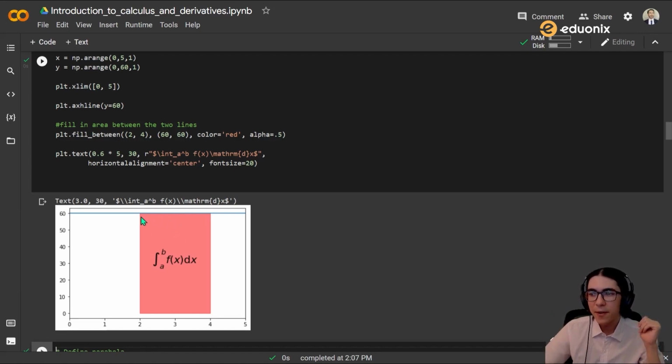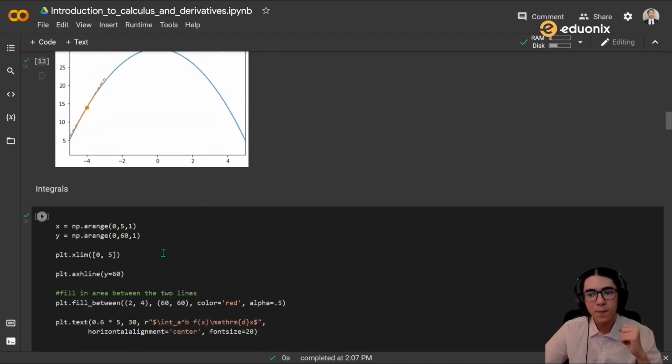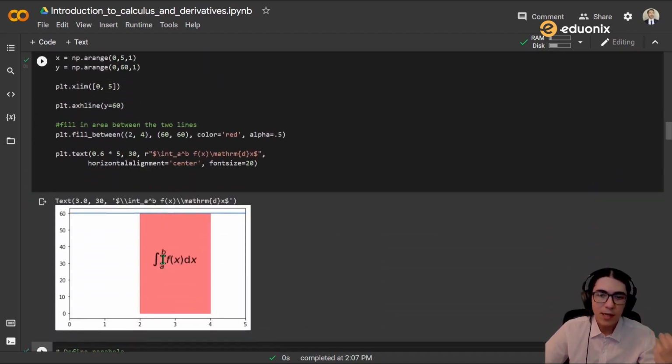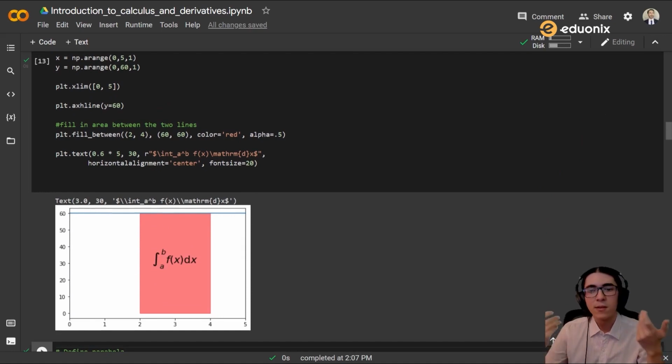We find the area under the function. But how would you go about measuring the curvy complex shape of the second example? Well, that's where integration comes in. We use the concepts from calculus to measure small steps to calculate the area precisely.